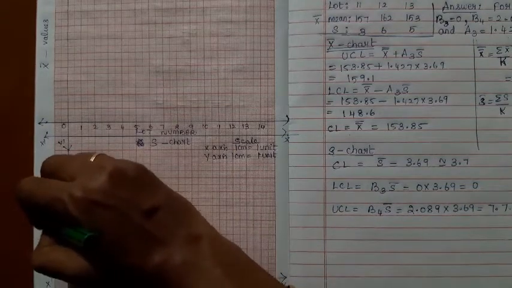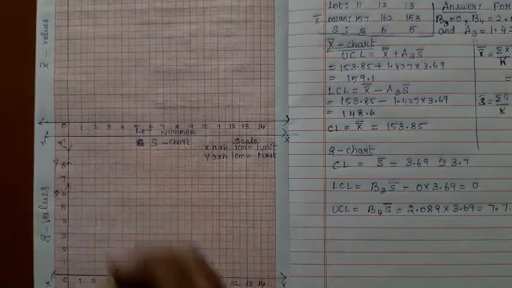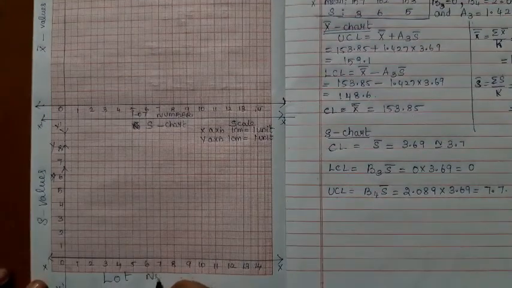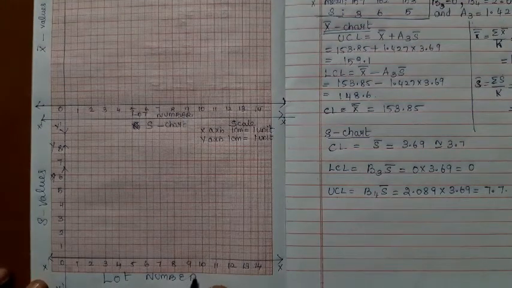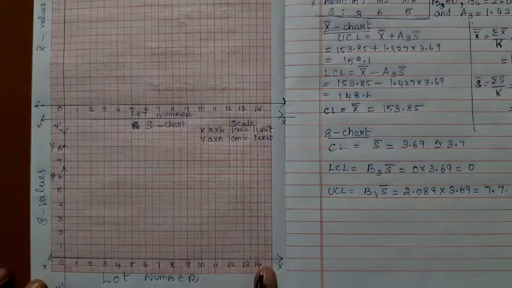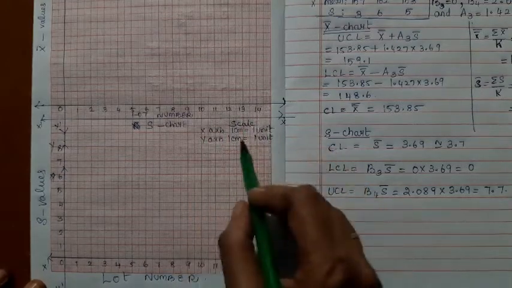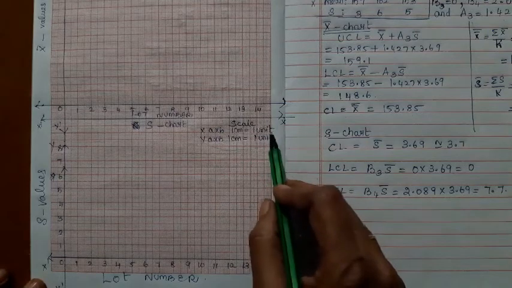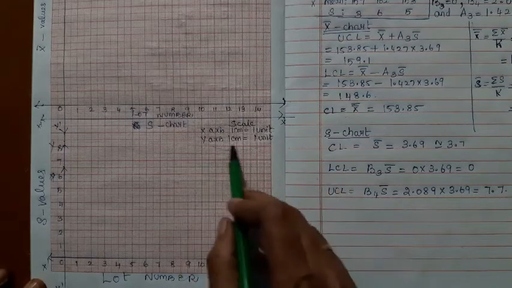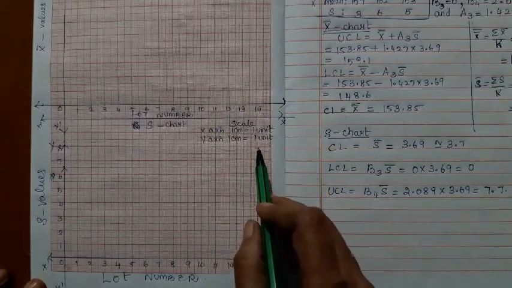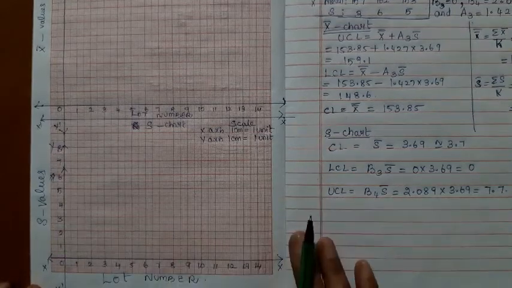Here I am going to plot the S values, and on the x-axis I have taken the lot number, from 1 to 14. The scale is 1 centimeter equal to 1 lot on the x-axis, and 1 centimeter equal to 1 unit on the y-axis. I am going to plot the values.